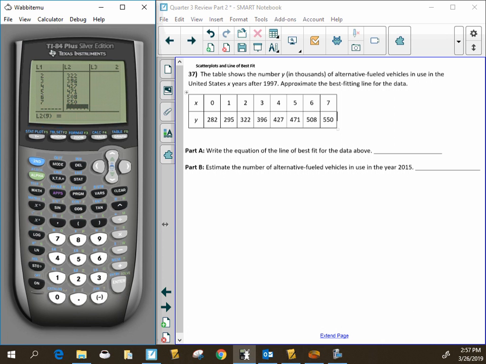So once we have the values in the calculator, then we go back to stat, and we go over to the calc menu. And then we go down to option number 4, and this will give us the line of best fit.